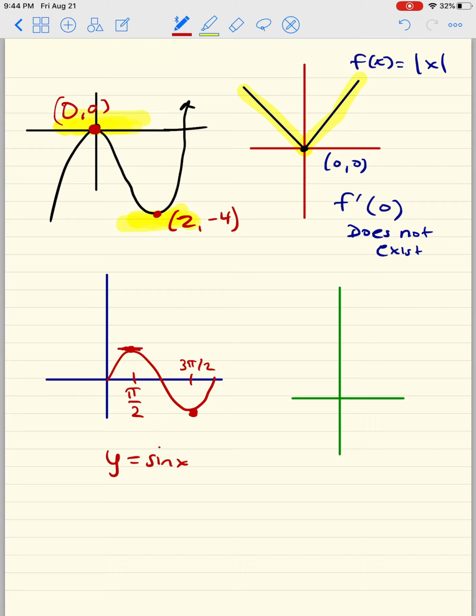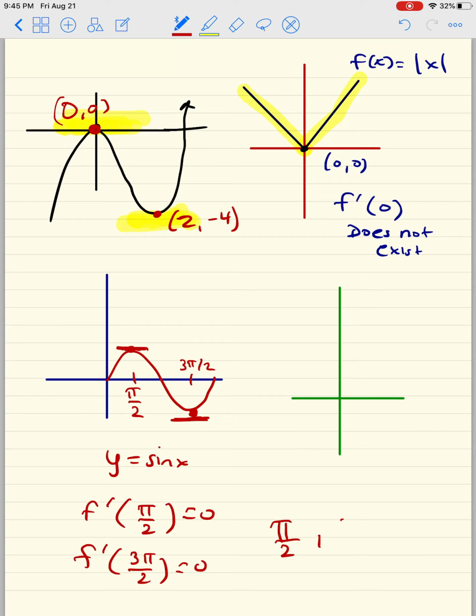And if you take a look at the slope at pi over 2, it's 0. And if you take a look at the slope at 3 pi over 2, it's 0. Therefore, f prime of pi over 2 is equal to 0, and f prime of 3 pi over 2 is equal to 0. Therefore, pi over 2 and 3 pi over 2 are what we call critical numbers.